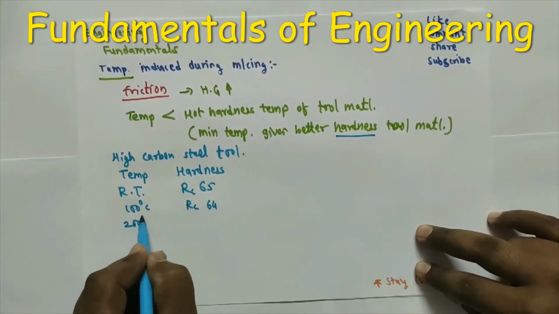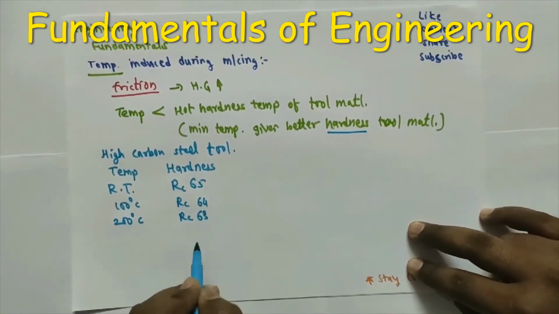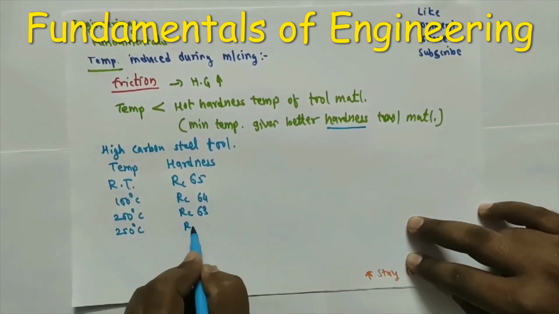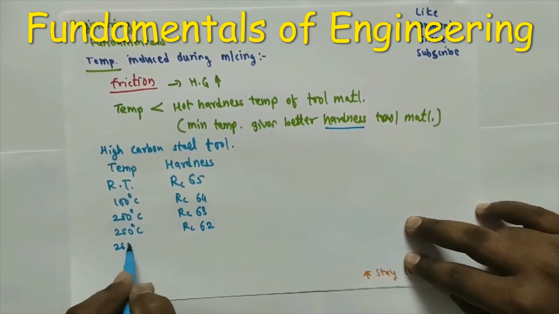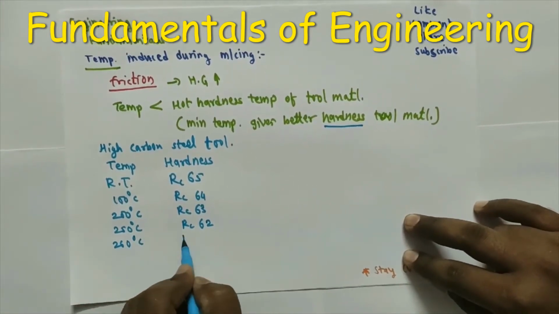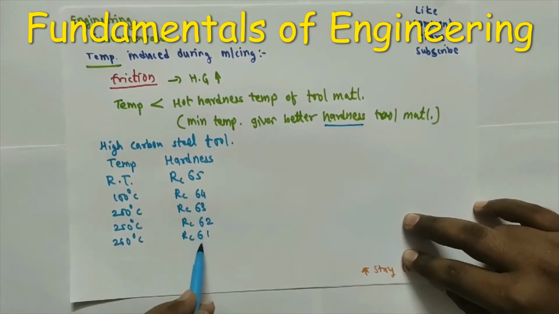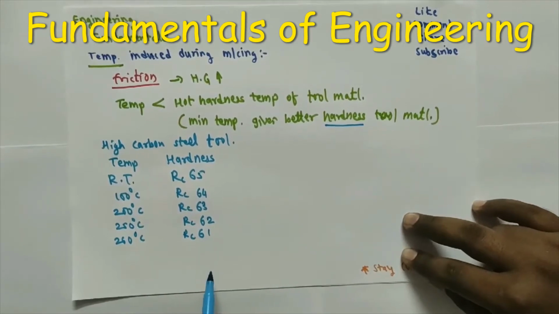At 200 degrees Celsius we get RC 63, and at 250 degrees Celsius we get RC 62. At a higher temperature, 260 degrees Celsius, we get RC 61. So here the hardness values go on decreasing.